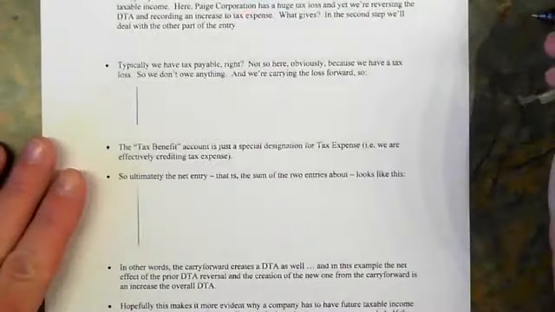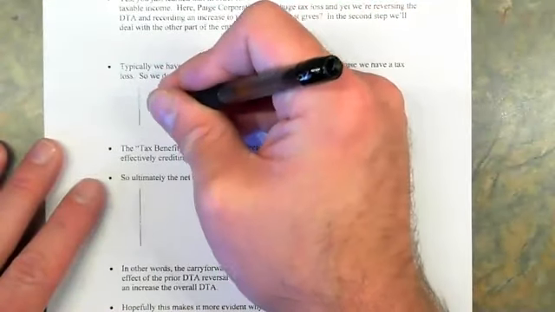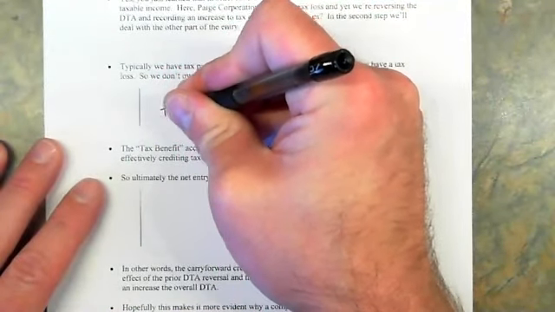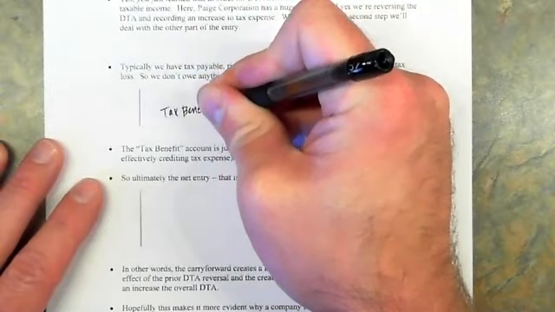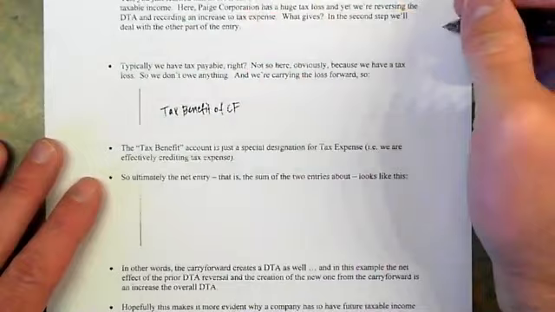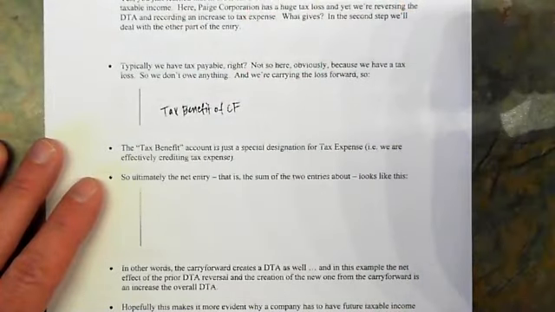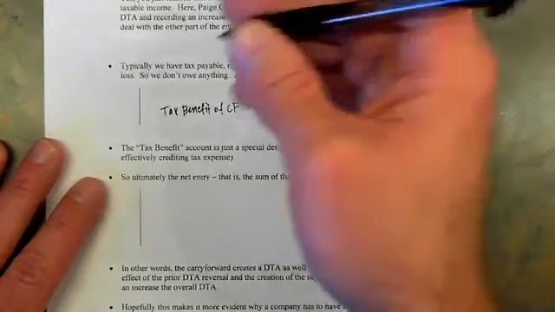The way that we look at that is by creating an account that says a tax benefit of a carry forward. That amount is going to be equal to the amount of our future tax reductions.